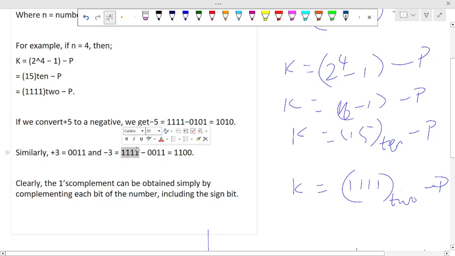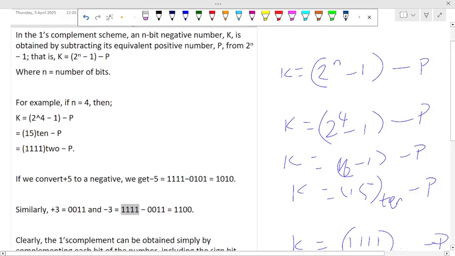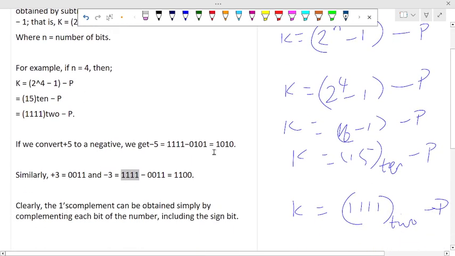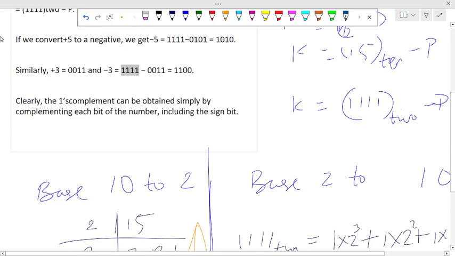And of course, this guy is as a result of doing all this 2 to the n simplification. That's how we got that 1111. So we will minus the positive 3 from this. We are going to get the 1's complement of minus 3. Okay? That's it for 1's complement.